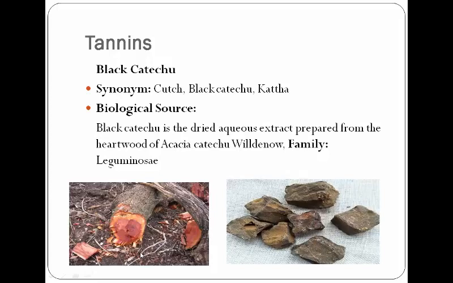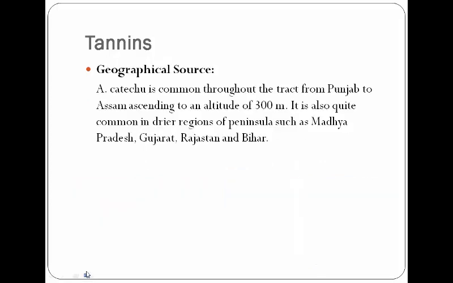Here you can see the heartwood, and the dried aqueous extract of heartwood of Acacia catechu. As far as the geographical source of black catechu is concerned, Acacia catechu is common throughout the tract of Punjab to Assam and ascends to an altitude of 300 meters. It is also found in drier regions of the peninsula such as Madhya Pradesh, Gujarat, Rajasthan and Bihar.